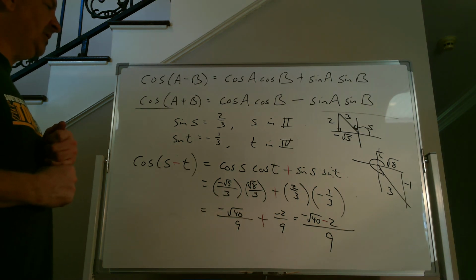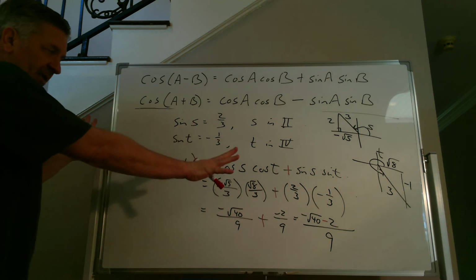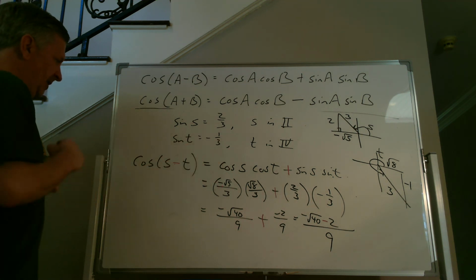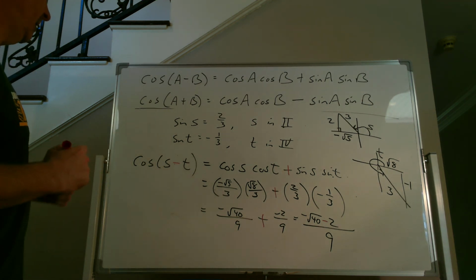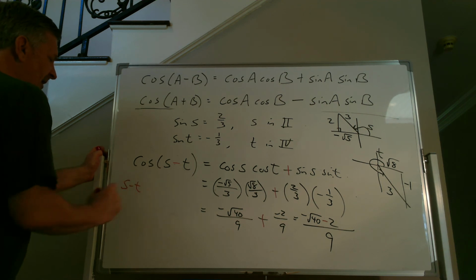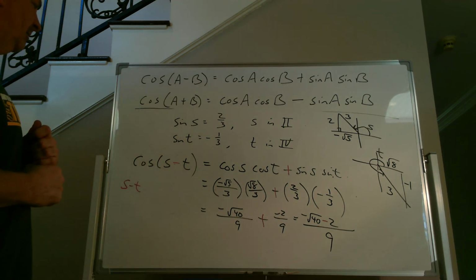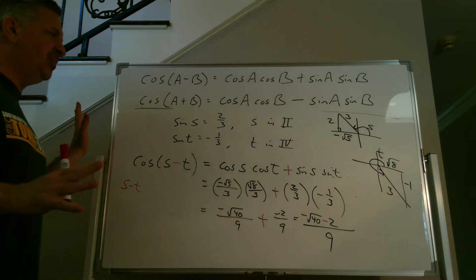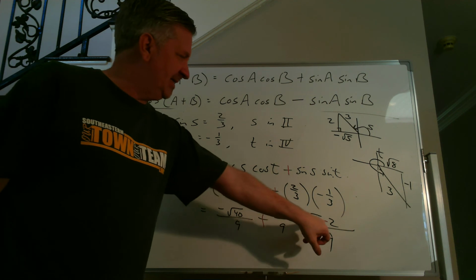Now, a common question that they will ask in some of these problems after you're finished is, in which quadrant? Well, let me just look at the one I have right here. In which quadrant is S minus T? Could you narrow it down? Okay, so we can't be precise because we only have the cosine. The cosine of S minus T here is negative, right?